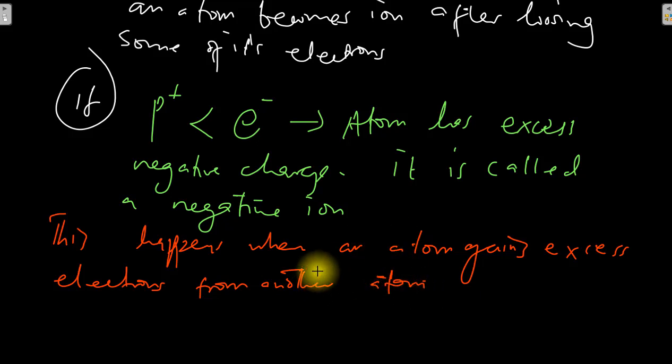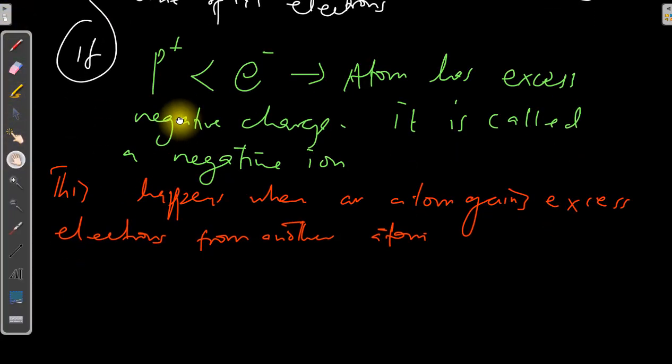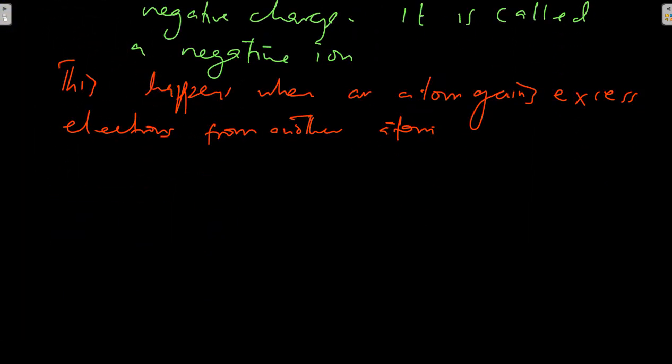So if an atom gains excess electrons, it becomes a negative ion, and if it loses electrons, it becomes a positive ion.